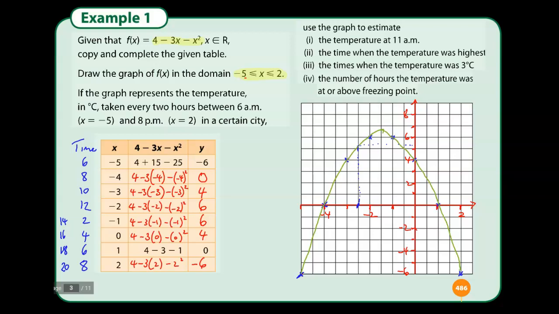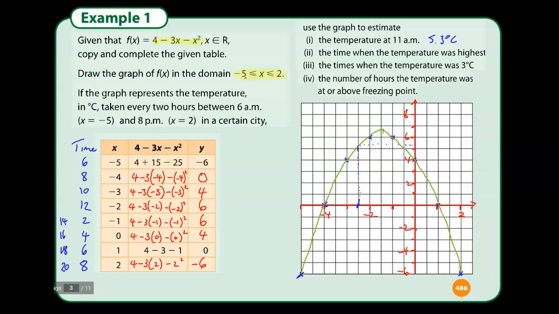So I might say it's 5.5 or 5.3 degrees centigrade. As long as you've read off your well-drawn graph and provided an answer, whether it's exactly the same as the answer in the back of the book or the mark scheme in the exam doesn't really matter.